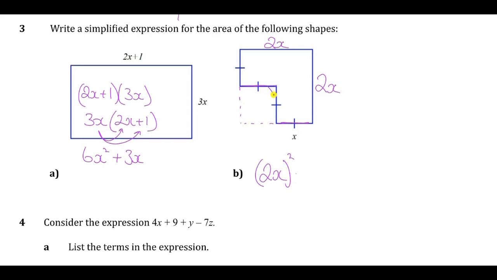However, we've got to take away this. So that's x times x, which is x squared. So 4x squared, take away x squared. There's 4 of them, take away 1 of them, which means I'm left with 3 of them.